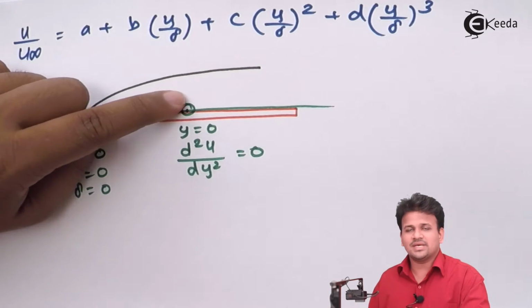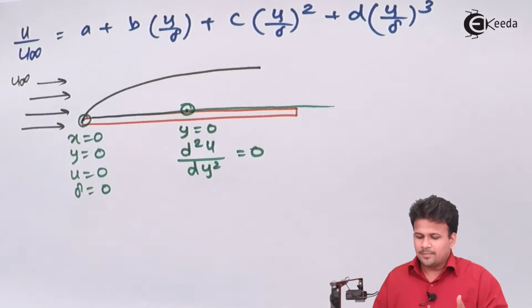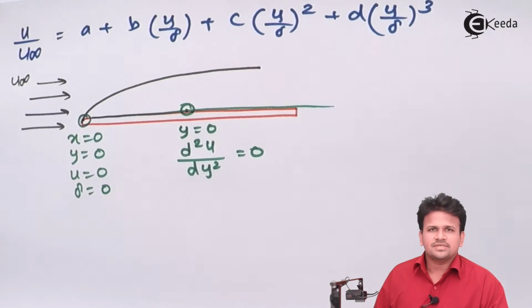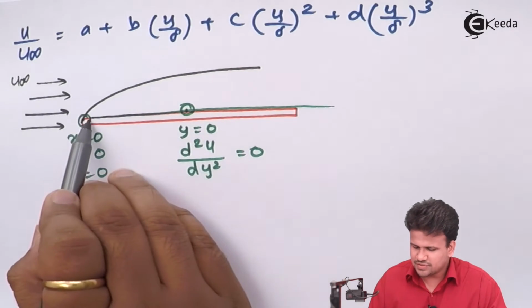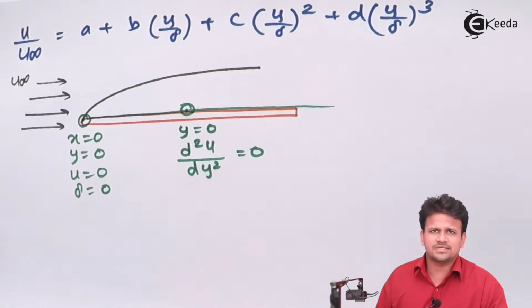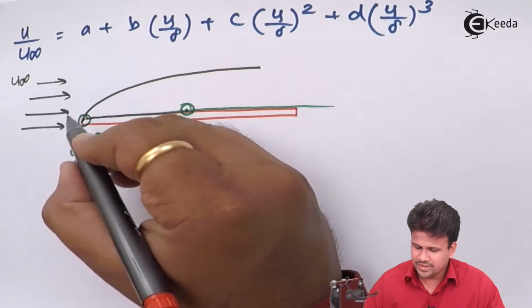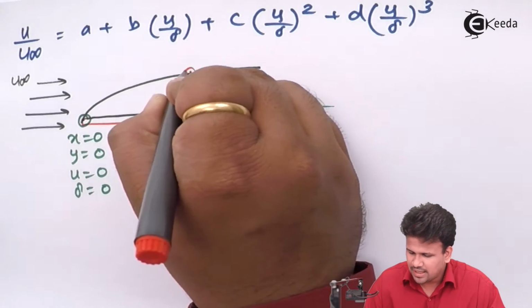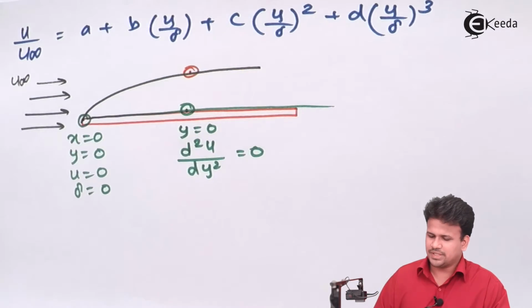Because in this range there is some velocity gradient, but the double derivative of velocity gradient is 0. So these conditions which are on the inner side of the plate are called the inner boundary conditions, and the boundary conditions on the top of this entire layer are called the outer boundary conditions.